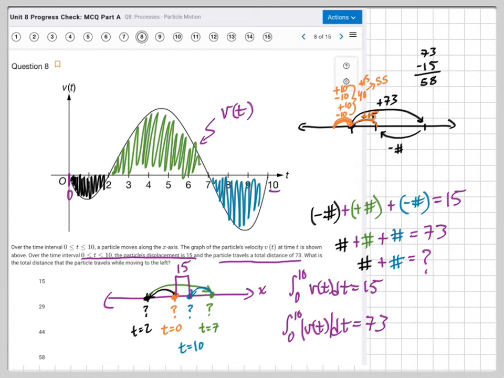What do I have left? If I do some subtraction, I get 18. So I have to move 18 more spaces. If I divide 18 by 9, I can move this way 9 and then move back 9, and I'll be back where I was. And that would be a total of 73 spaces moved.